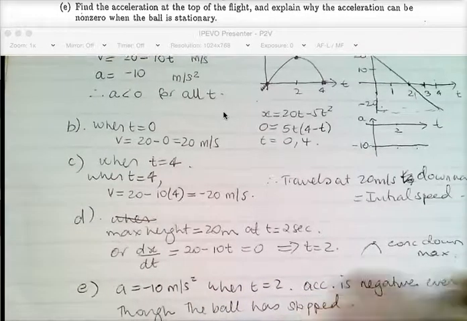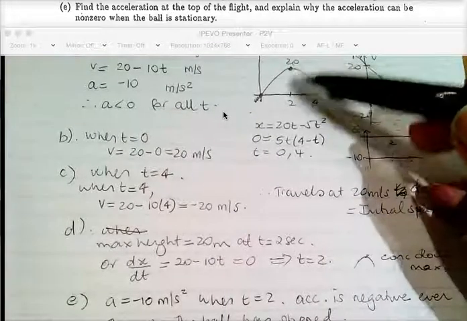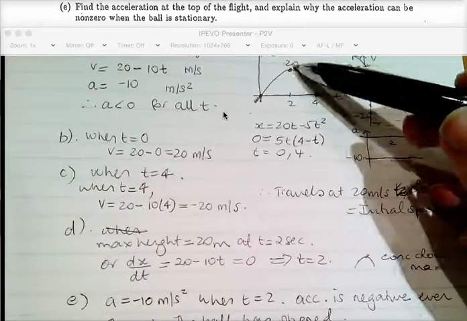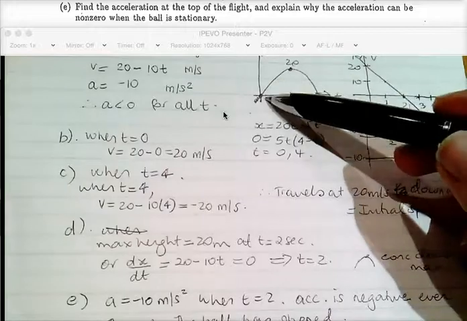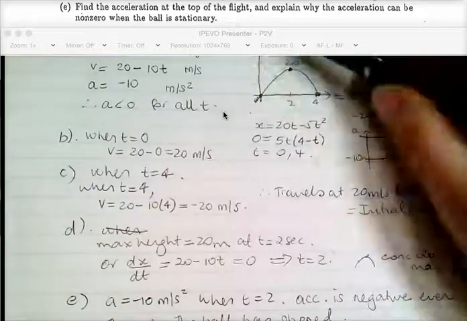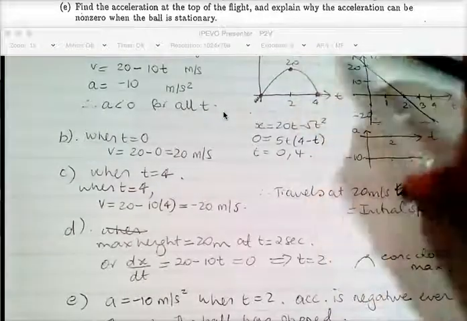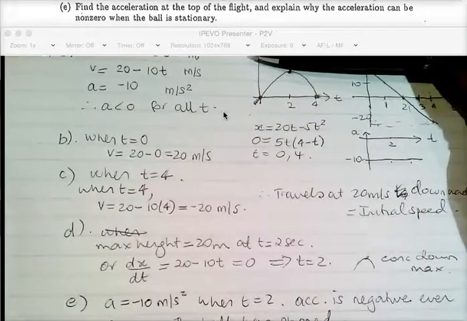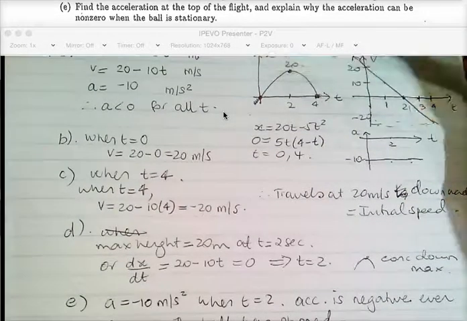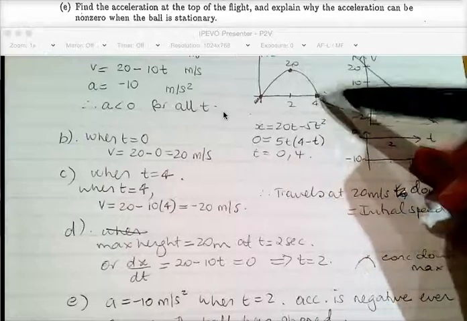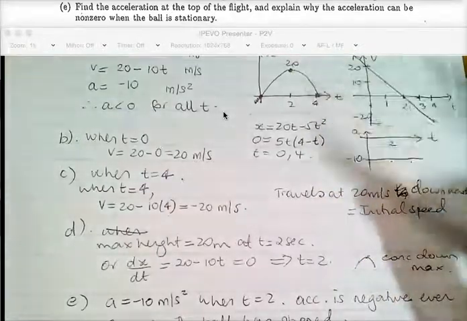This is because at t equals 2 seconds, the ball is at its maximum height. So the velocity is positive, and you can see here by the gradient, velocity is positive. Then here we've got a stationary point, velocity is 0, and then velocity is negative.